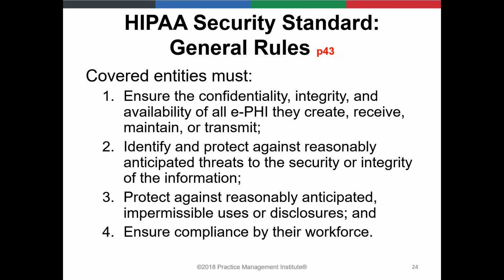So covered entities, which again, you are a covered entity, must ensure the confidentiality, integrity, and availability of all ePHI that you create, receive, maintain, or transmit. Okay? Identify and protect against reasonably anticipated threats to the security or integrity of the information. Protect against reasonably anticipated impermissible uses or disclosures, and ensure compliance by your workforce.